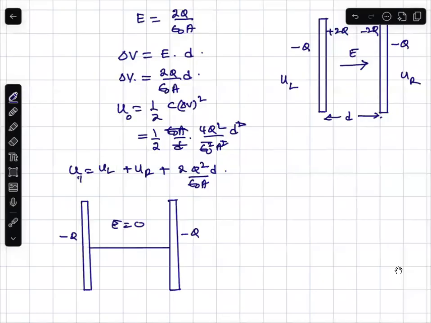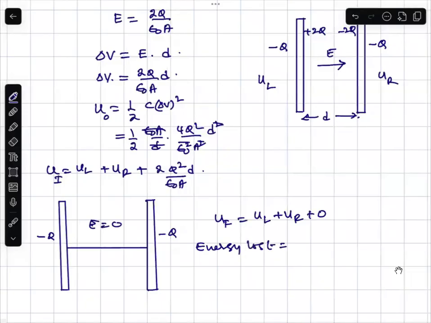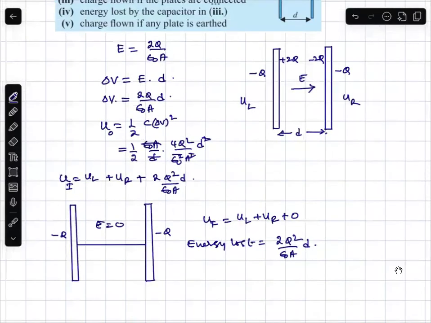So U initially is this. U finally is UL plus UR plus 0. You lost actually. So what is the energy lost? 2Q square by epsilon naught A into D. Any doubt till this step?